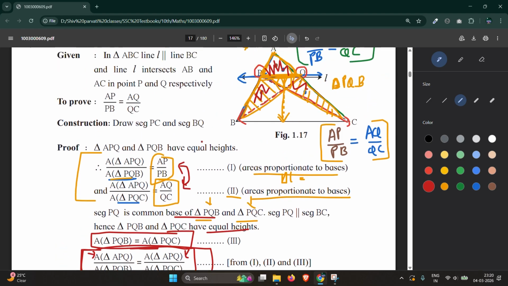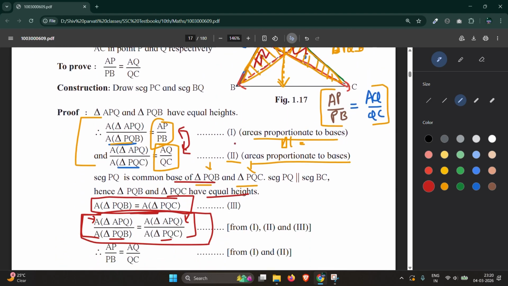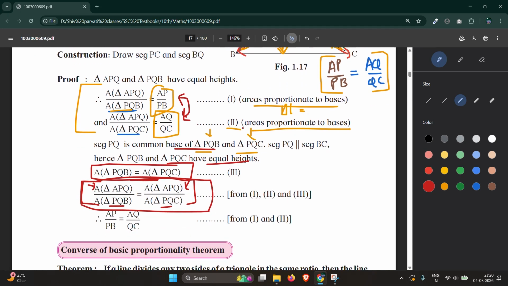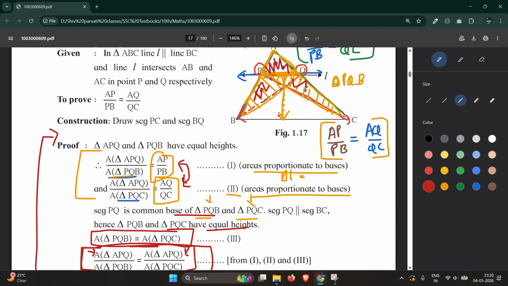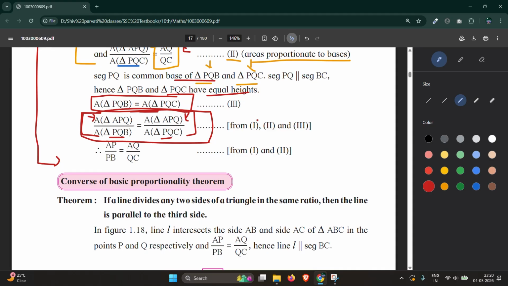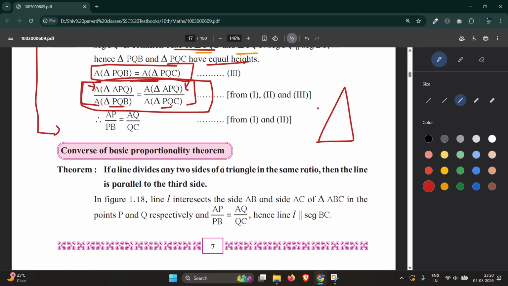So it might seem like a lot of stuff going on, but if you practice this once or twice, you can see that this is a very short proof and you can easily remember this in the exam. I'm repeating it again and again just so that it fits into your brain and you don't have to think about this a lot, and you can easily recall it in the exam time as well. What you do is you just draw a triangle, draw a line parallel to the base, always give names to all these points and all the lines.